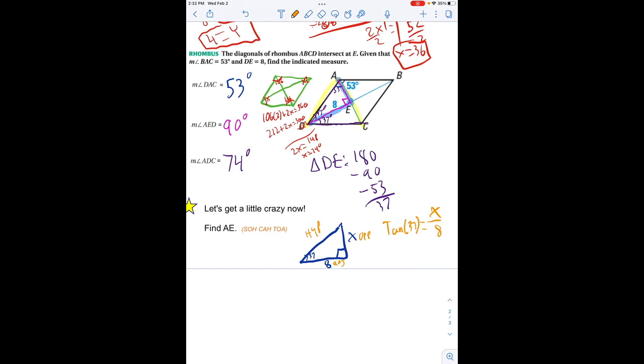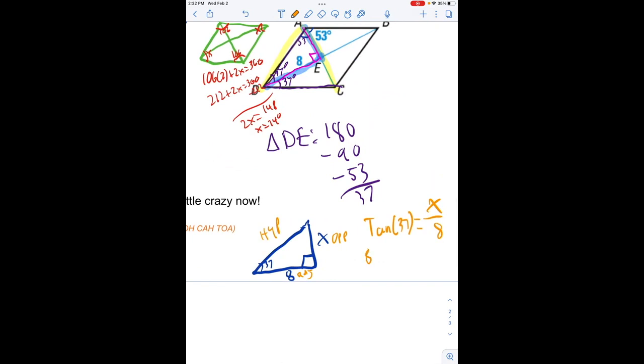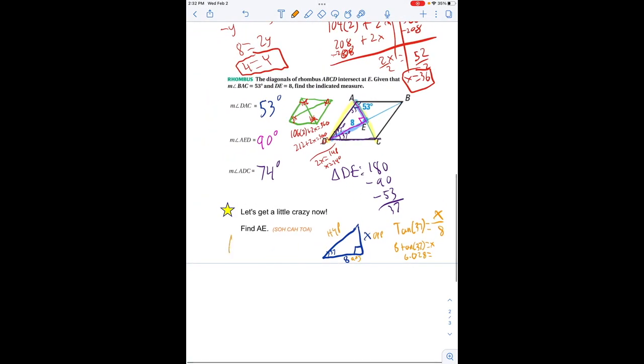I want to solve for x, so I'm going to multiply both sides by 8 and get 8 tangent 37. When I plug that in, I get 6.028. So AE is 6.028.